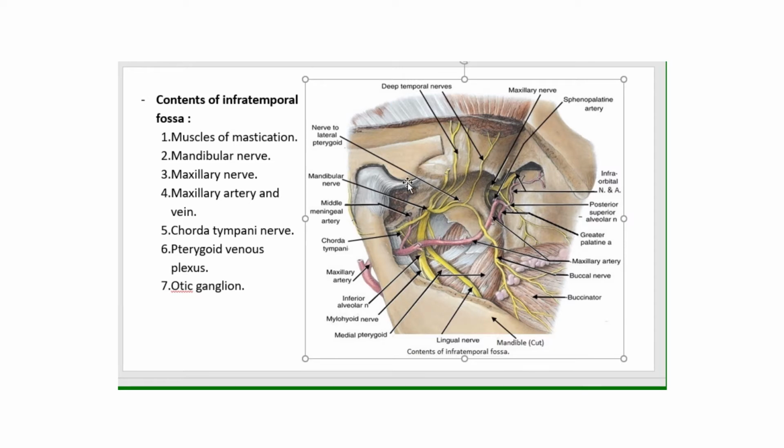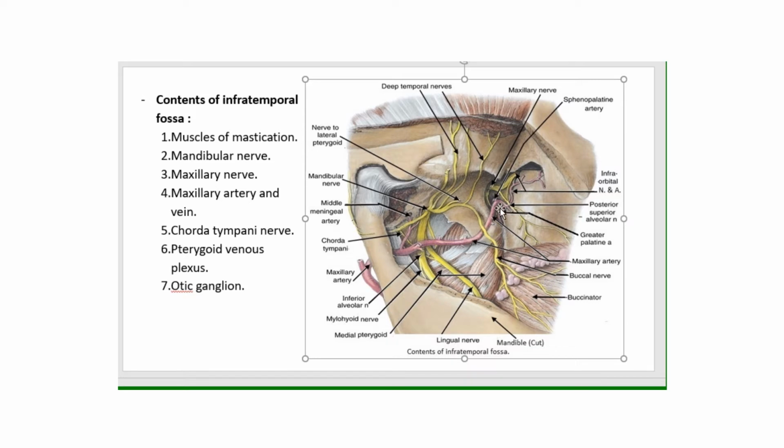So the infratemporal fossa contains muscles of mastication, and we must enumerate these muscles: temporalis, masseter, which is not present here, and pterygoid muscle. This is the medial pterygoid muscle, and the lateral pterygoid is removed from here.